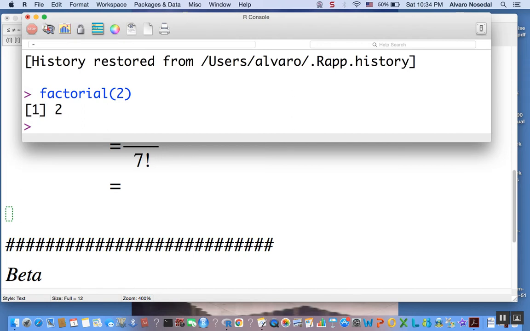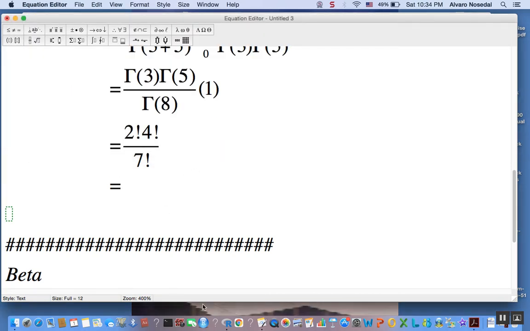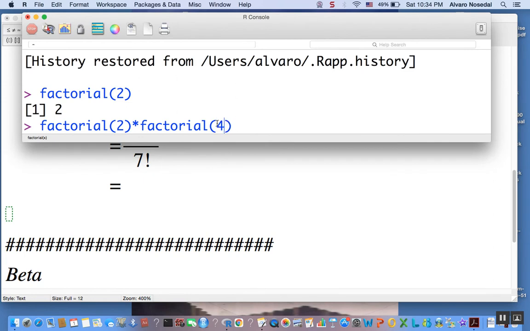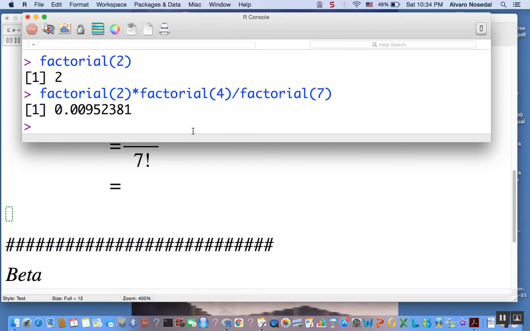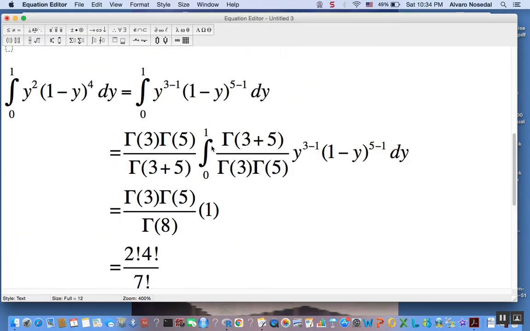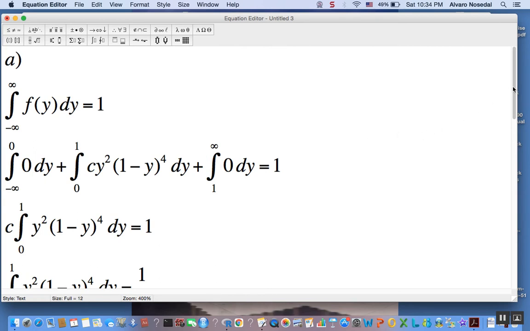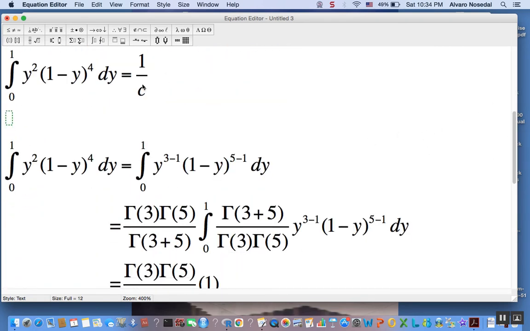So what we need here is 2 factorial, we need 4 factorial, and we want to divide by 7 factorial. But this guy here is the reciprocal of that constant that we want.